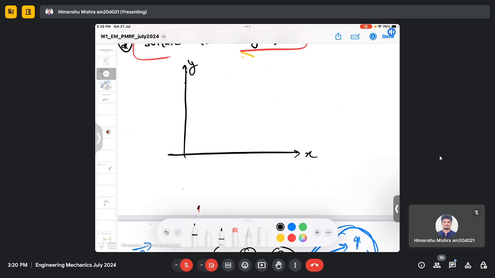Now let's discuss the resultant and the components of the resultant force, and how they look in the Cartesian coordinate system. Suppose I have a force F1 acting here, and there is a force F2. Due to these two forces, there will be a resulting force. This part is my F1x, this part is F2x.